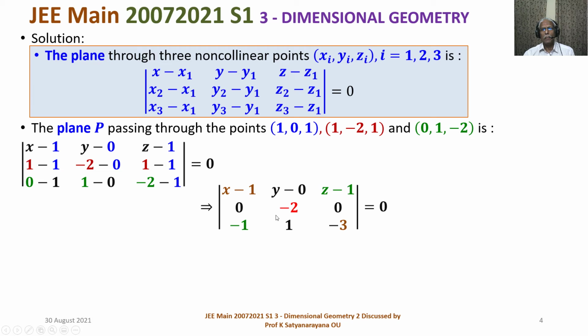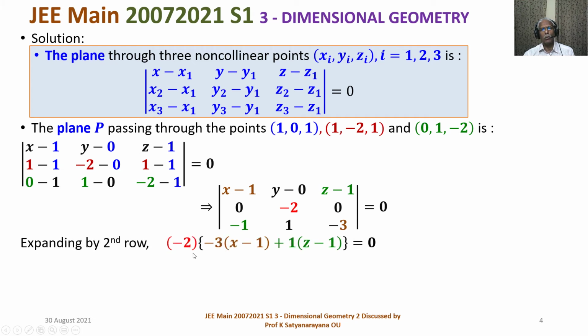You expand this determinant by the second row. Expanding the above determinant by the second row, we get 0 here. It is the 2-2 position. 2-2 position means 2 plus 2 is 4, therefore there is no minus sign: minus 2 into the minor.